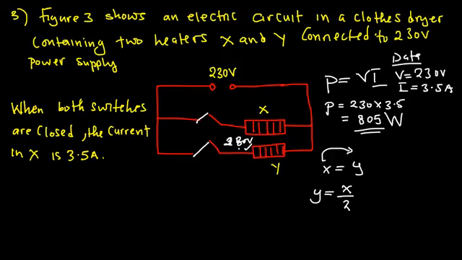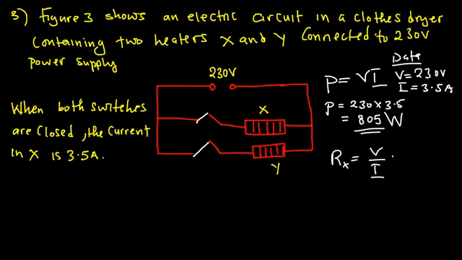Now, how do we find, because here we cannot find Y without going through X. What is given so far on X is the voltage and of course current. On Y, nothing really is given aside from voltage, which you know is 230. So how do you find it now? Let us start by finding resistance for X. Resistance for X is equal to voltage divided by current.